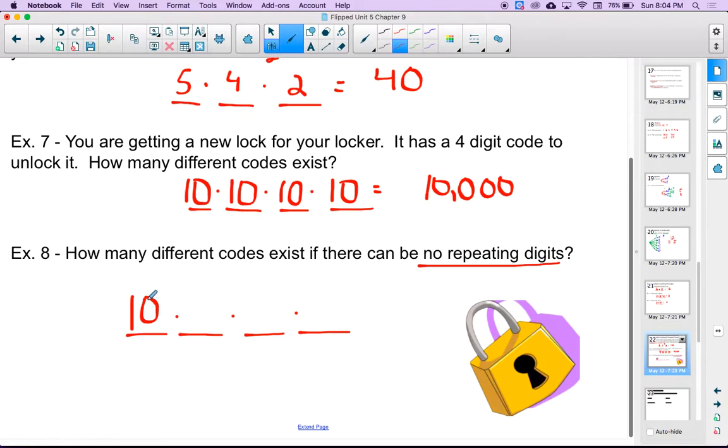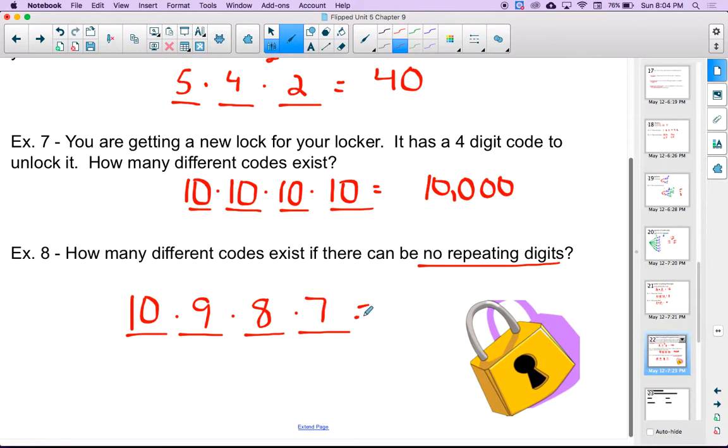But then whatever number we get here for our first digit cannot be used again. So instead of 10 digits, we only have 9 digits available for our second number. That number cannot be used again, so we have only 8 digits for the third number. That number cannot be used again, and we have only 7 digits for the fourth number.